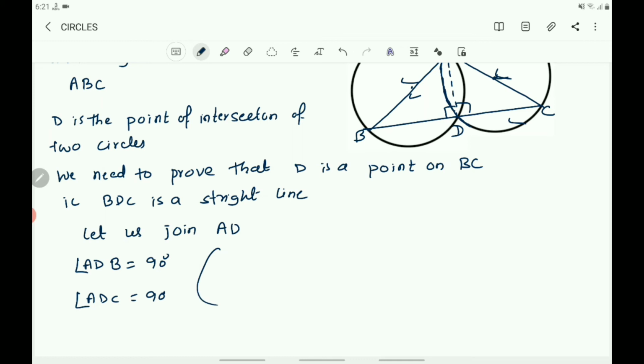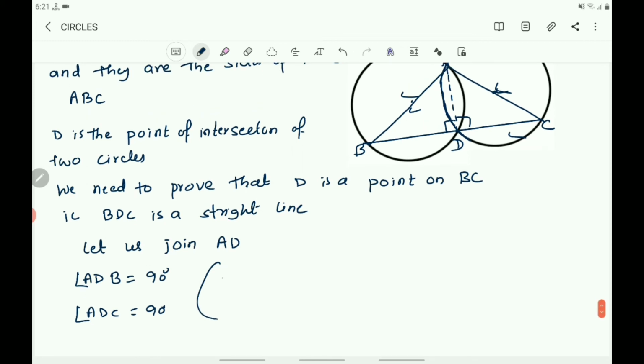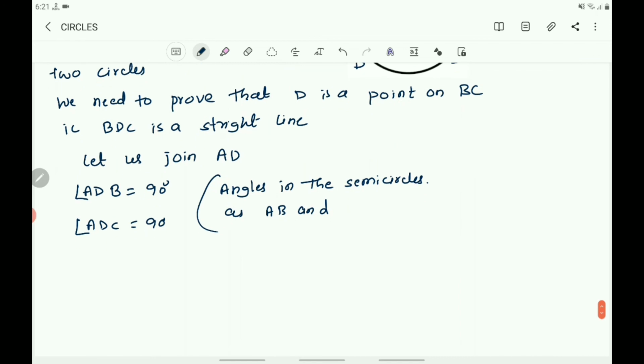The reason you write: angles in the semicircles, as AB and AC are diameters.